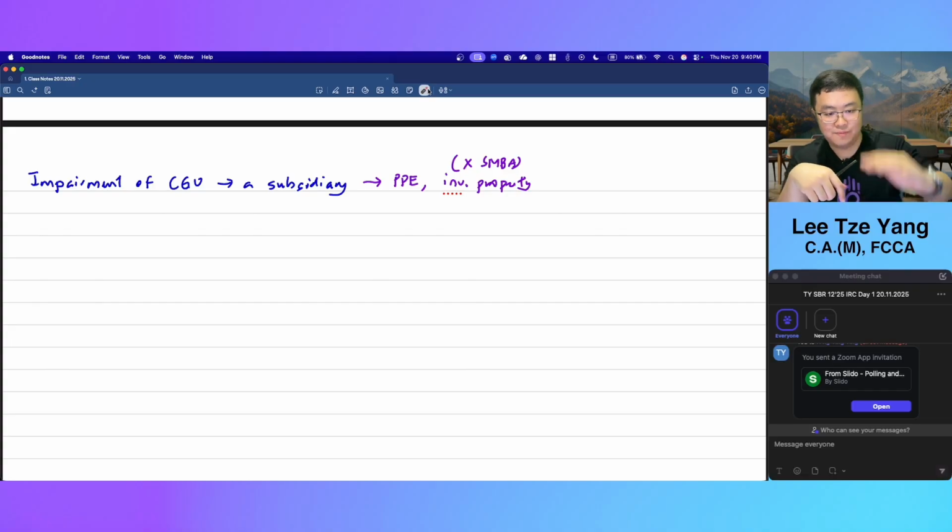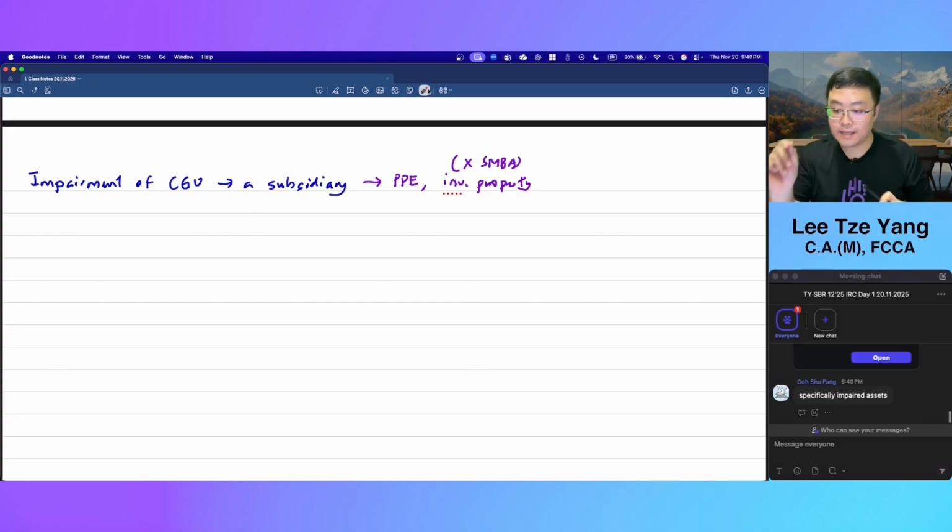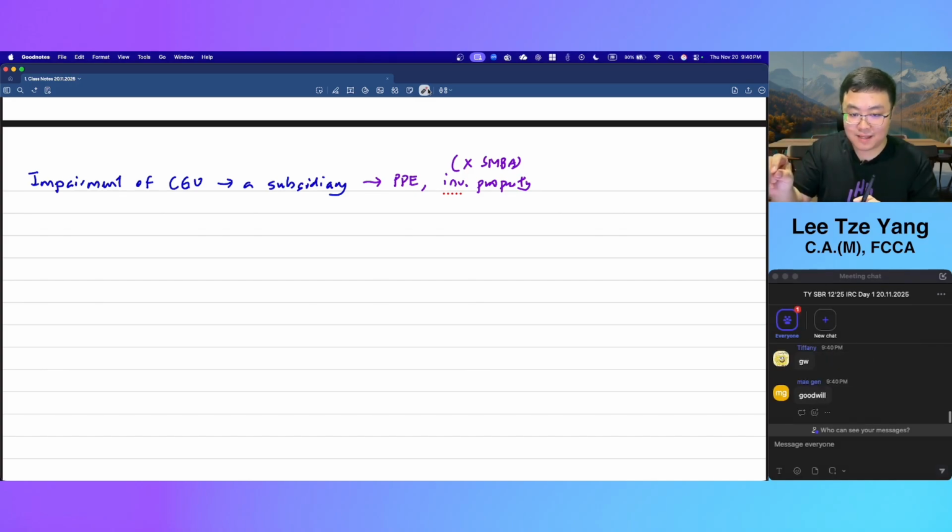In a CGU, the impairment hierarchy, the first impairment we need to charge to the specifically impaired asset, if it's not goodwill. Now goodwill, whatever, impairment of goodwill will be under which category? Operating, investing, or financing? Okay, operating, good.